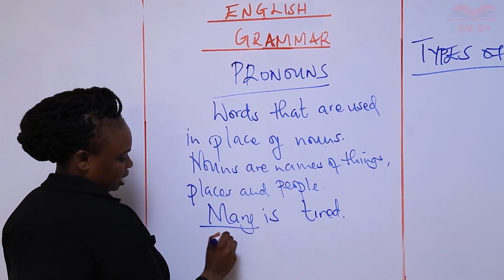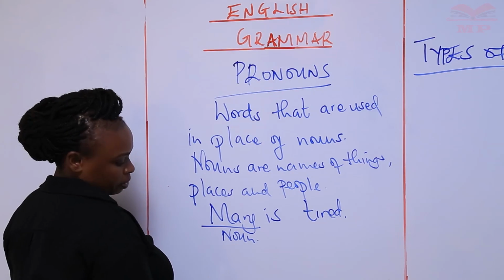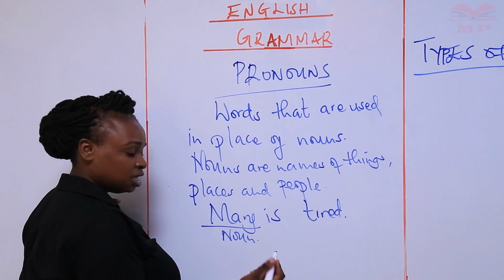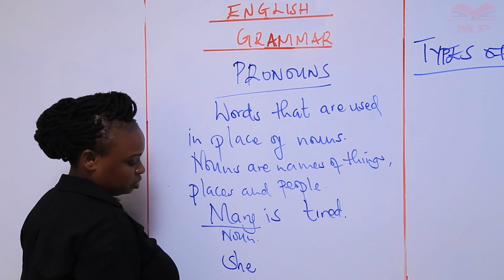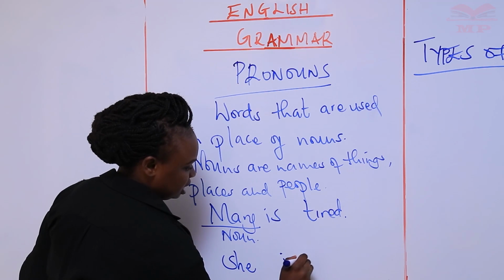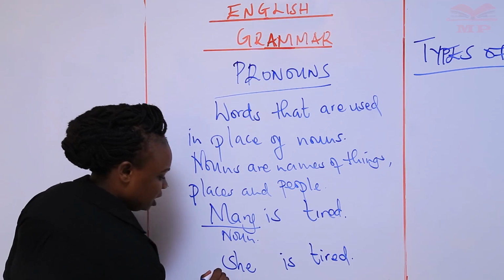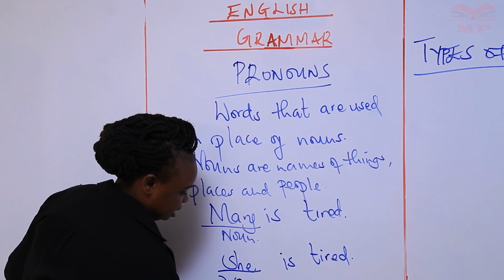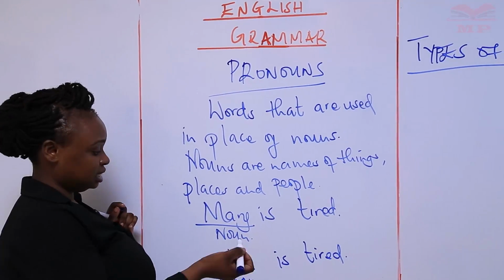So the noun here is Mary. So what can be used in place of Mary? A pronoun. So which pronoun could be very appropriate? Personal pronouns. She. So she is tired. Here, she is a pronoun, which is a word that is used in place of a noun.